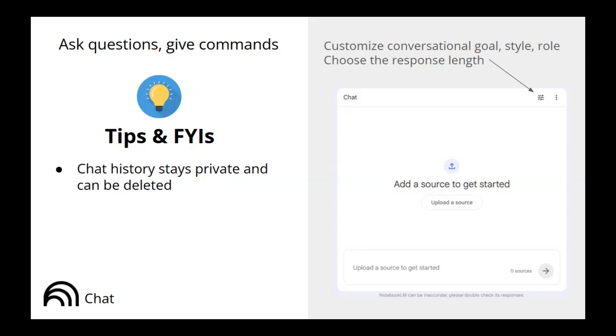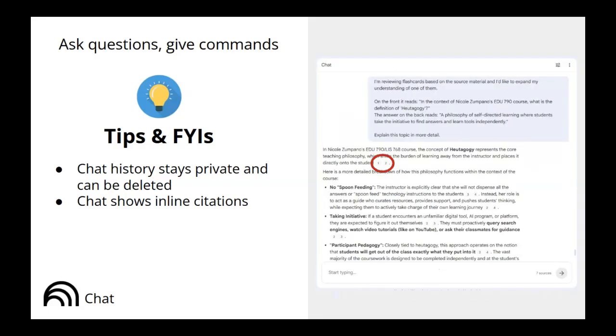Tips and FYIs: your chat history stays private. So if you share your notebook with students and you want them to engage with it, they cannot see all of your chat queries. You also have the ability to go in and delete individual queries. If you decide this is no longer accurate or I want to clean up my notebook, you can take those out as well. Chats show inline citations, and this is another powerful piece of the platform.